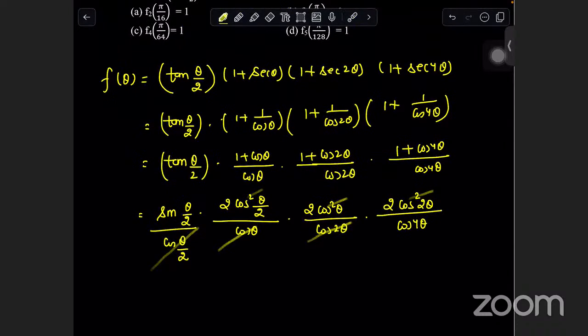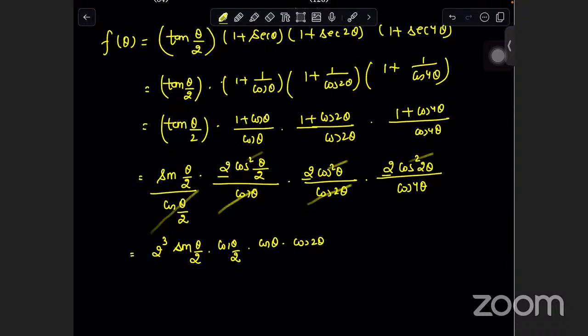All right. Now, see, how many 2s are there? 1, 2, 3. So it is 2 cubed, sin(theta/2) into the remaining terms: cos(theta/2), cos theta, cos 2 theta, and in the denominator we have cos 4 theta.